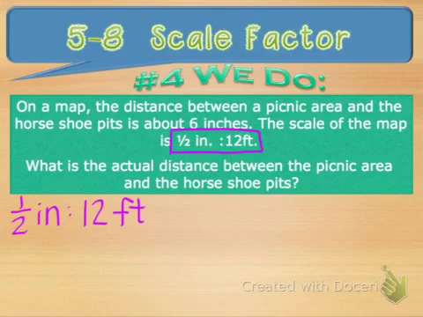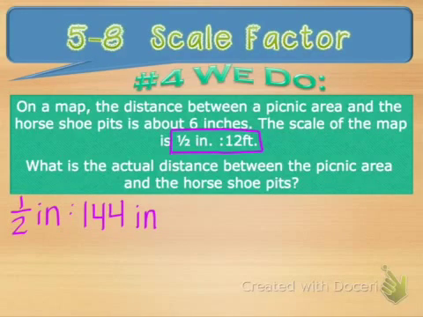So we need to get these on the same playing field, and we know that each foot has 12 inches. So if we do 12 times 12, we're going to get 144 inches over here on our right side for our actual distance. And again, this one's being just a half, so we want to multiply both sides by 2 so that we can get this equal to just 1.